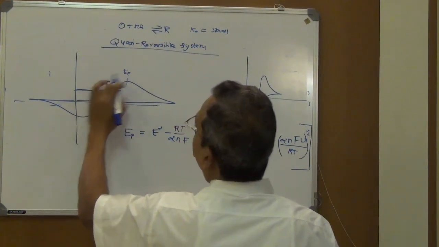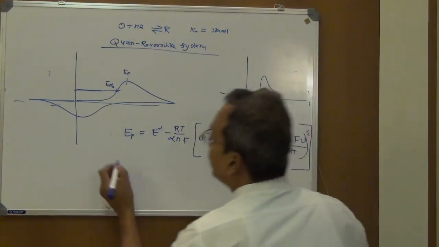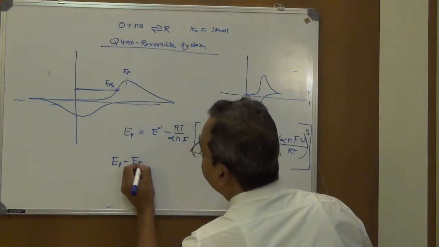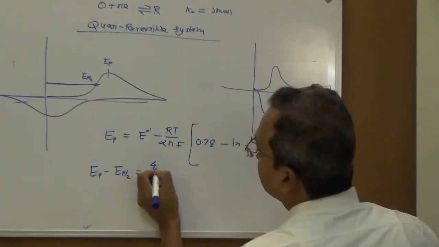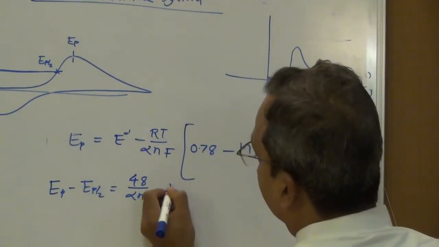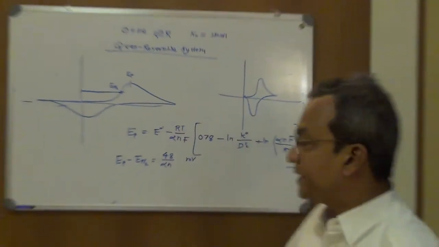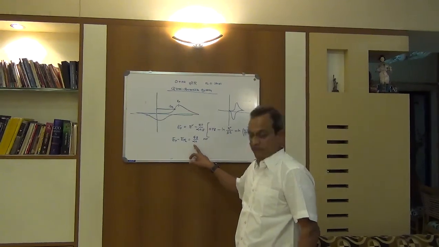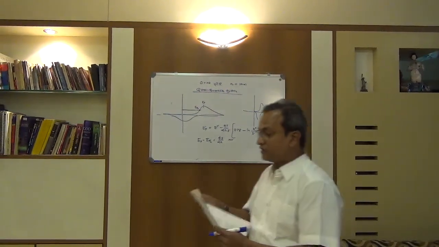That means the current is half that of the peak current. So the difference between the peak potential and Ep/2 is going to be 48 upon alpha n millivolts. So again, using this expression, I can determine the alpha of the electron transfer reaction. So this is the case for a quasi-reversible system.